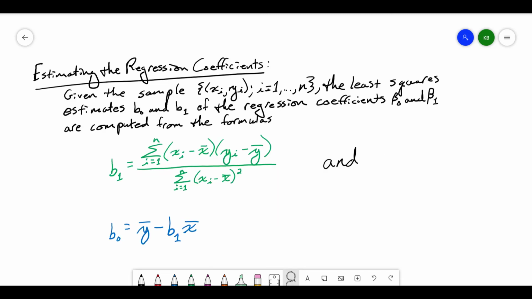Since just visually guessing what these parameters should be is not always the best estimate, we have a technique that we can actually use to calculate estimates for b1 and b0.